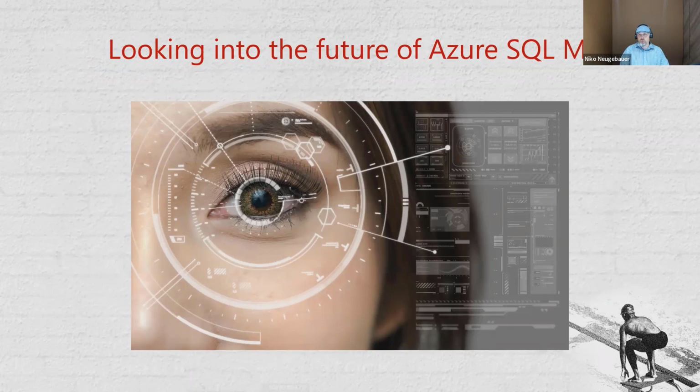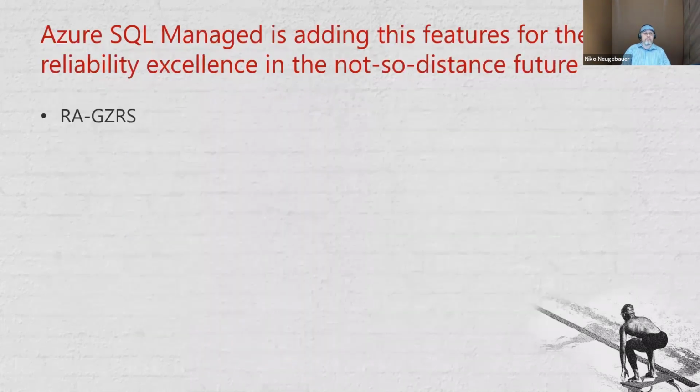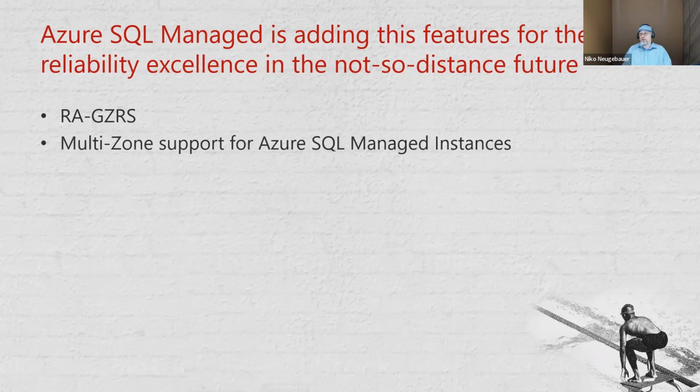Looking into the future of Azure SQL MI, we will be making available read access geo-zone redundant storage, and answering the question that we were asked right at the beginning, the multi-zone support for Azure SQL managed instances will be coming. We will not be answering when it will come, but let us all hope that it's soon enough.